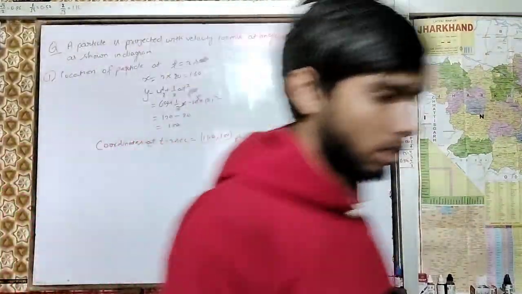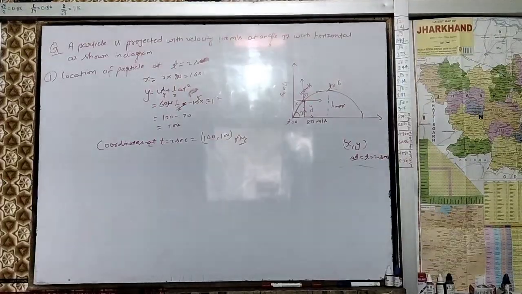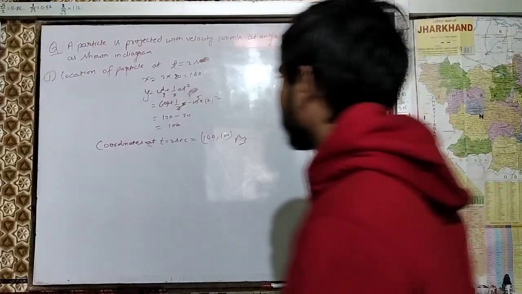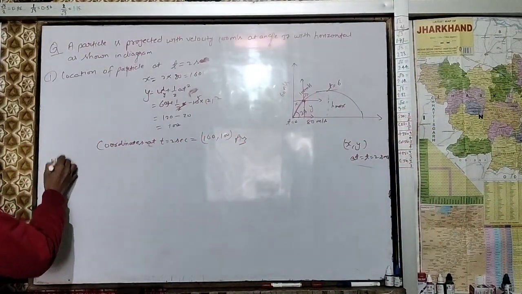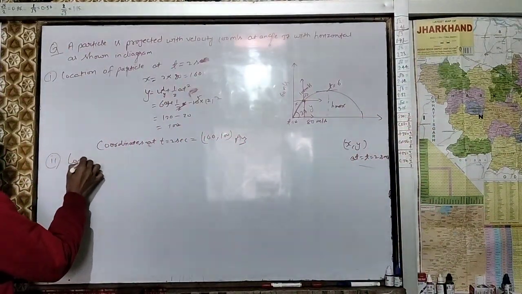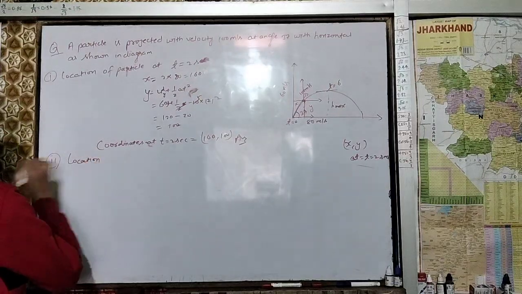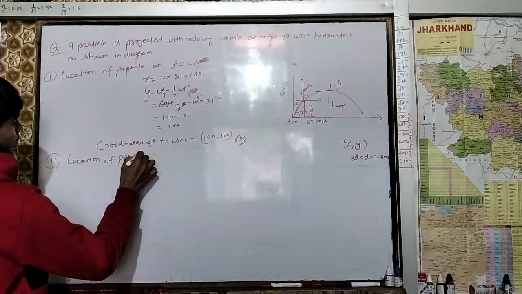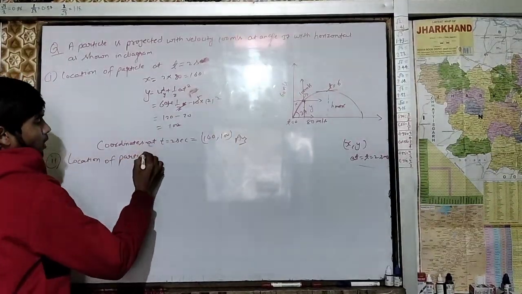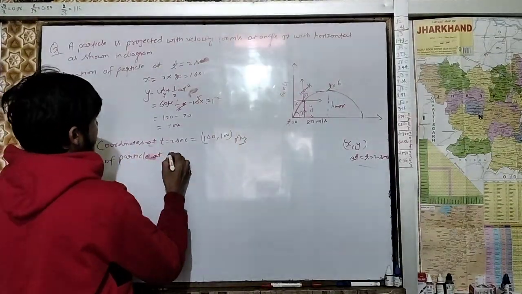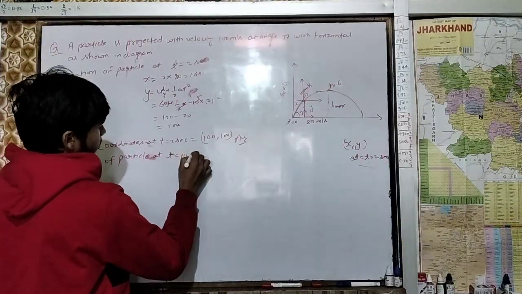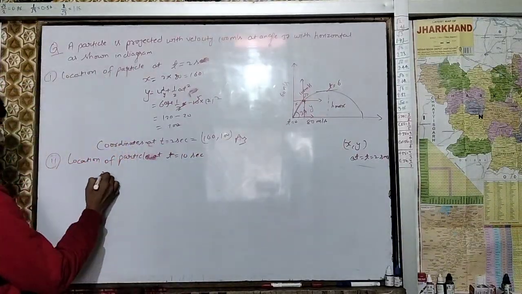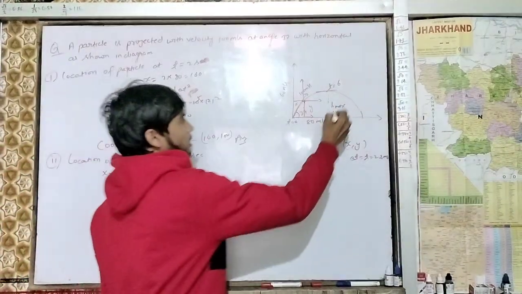Now let's calculate the next thing: the location of a particle at 10 seconds. Same thing, but the time is changed. Look at it. x is going to be at 10 seconds.